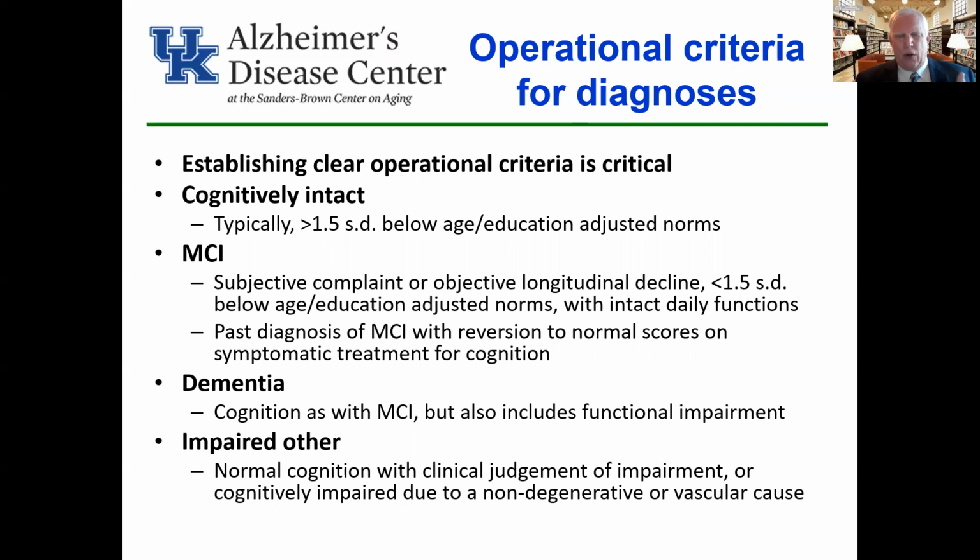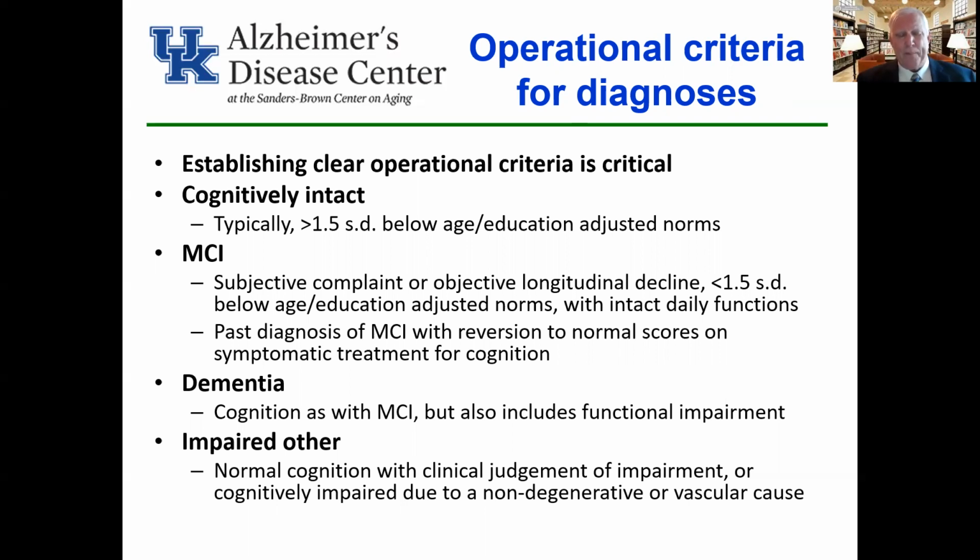We still call them MCI if they are under treatment and have had a past diagnosis of a degenerative type of mild cognitive impairment. Their diagnosis remains MCI despite overall generally normal cognitive scores. This is our assumption that this is a treatment effect rather than any effect on the underlying disease process.